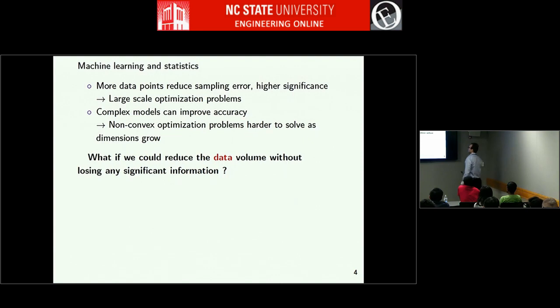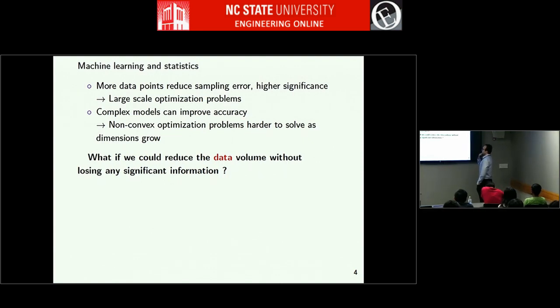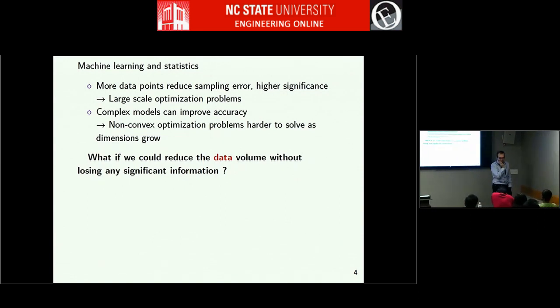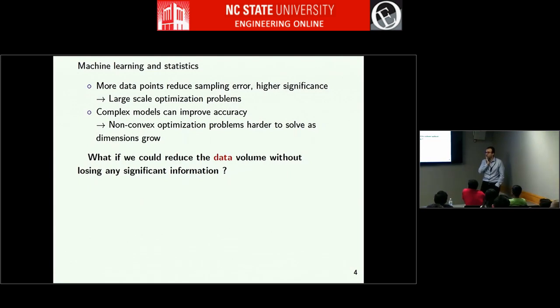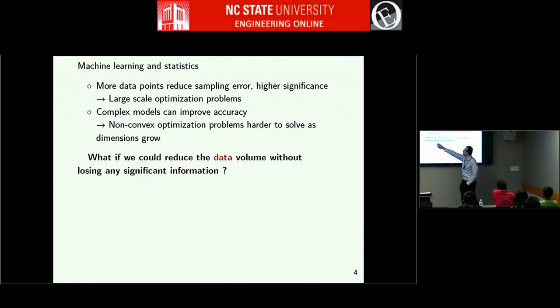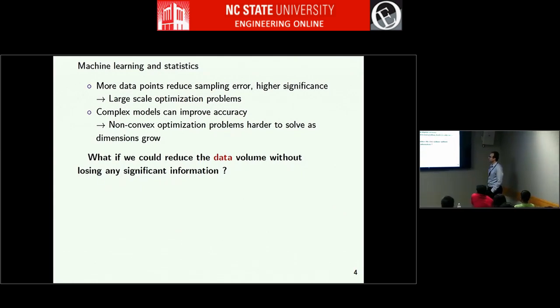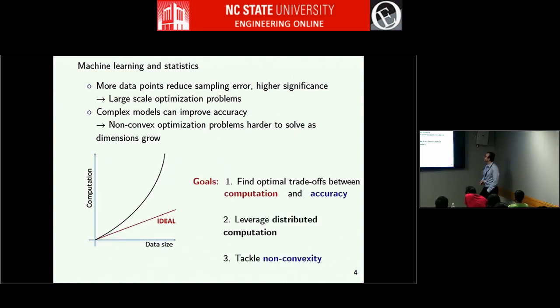So the problem I would like to pose is, what if we could reduce the data volume without losing too much? I will tell you very soon what significant information we would like to preserve. But this will help us solve very large-scale optimization problems, convex and non-convex.